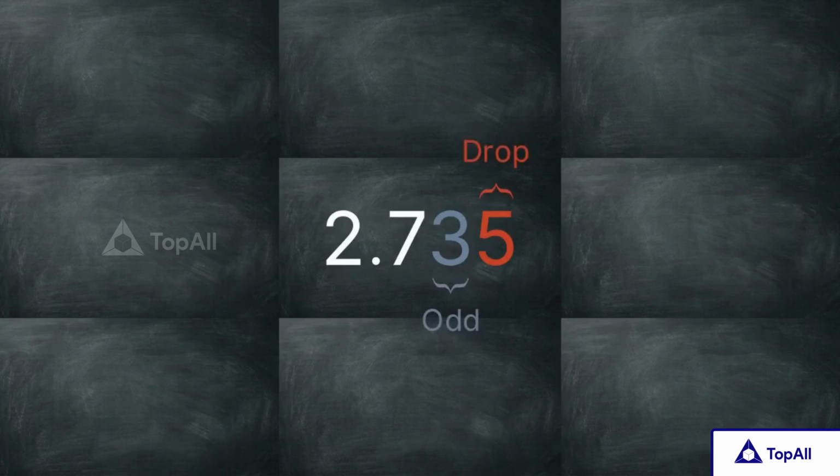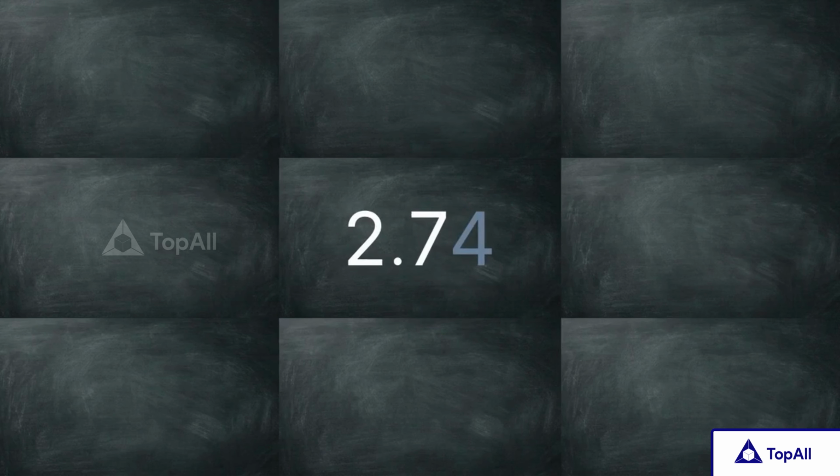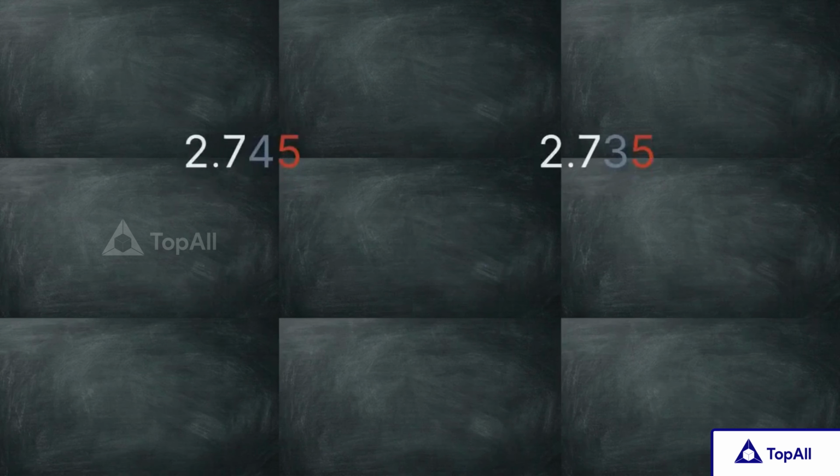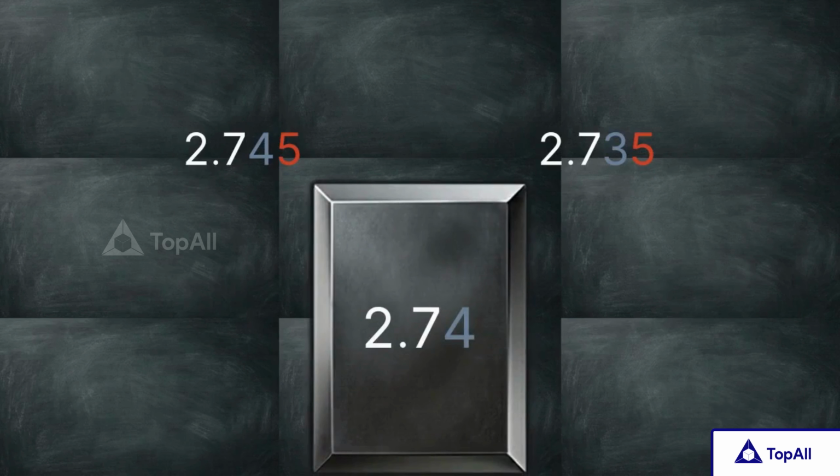However, if the preceding digit is odd, the 5 drops and the digit is raised by 1. 2.735 also rounds to 2.74. Following these strict rules means that 2 different starting measurements, 2.745 and 2.735, correctly round to the exact same value.